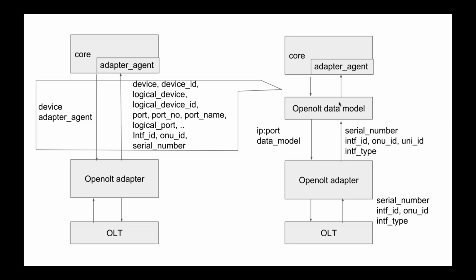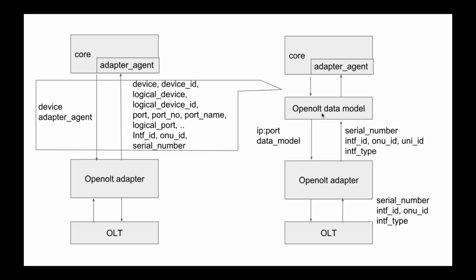The thing is, the data model instance is per OLT, so you don't really have to reference different OLTs. When you pre-provision a device and we enable a device, how it works in 1.x is you create an instance of this adapter class, and you also create an instance of the data model for that OLT.